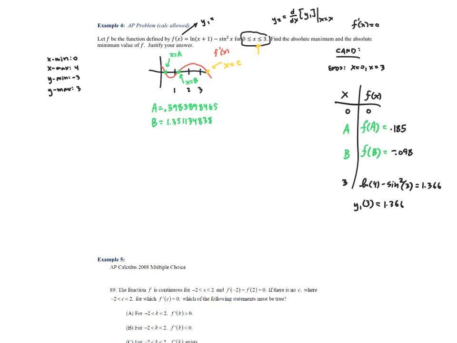It says find the absolute maximum and absolute minimum values of f. Okay, so I have my absolute max. I have an absolute maximum of 1.366.